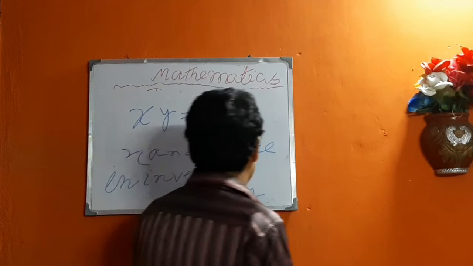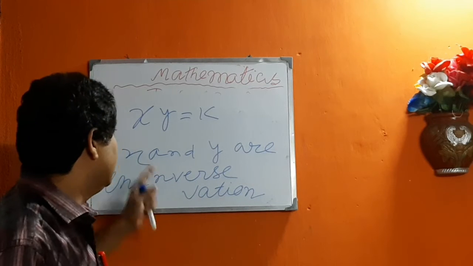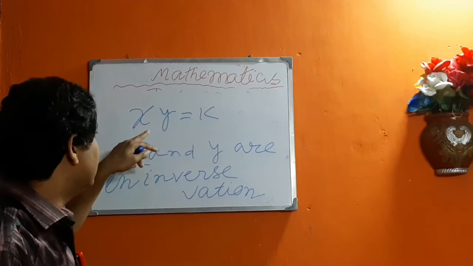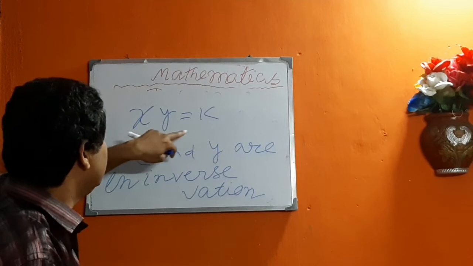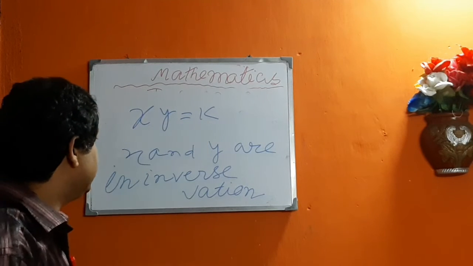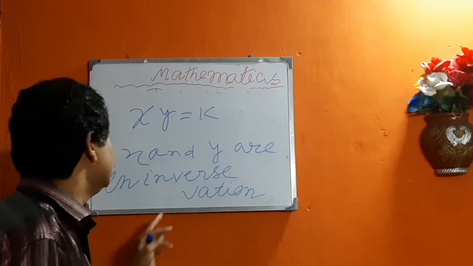So x and y are in inverse variation when quantity x multiplied by quantity y, that is, the product of the two quantities x and y, equals a constant.